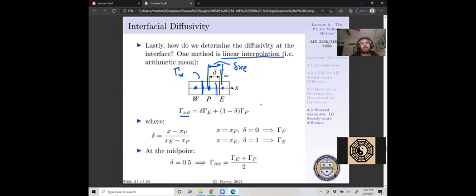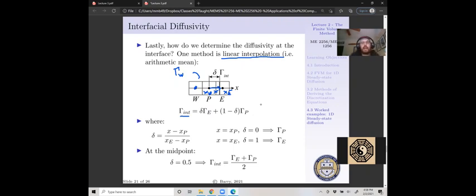So we could just arithmetically average these. And right now I made that interface just a little bit funny, just so we could see how this looks. Now, delta is just going to be our location, x, where this interface exists between our two control volumes. So delta is x minus xp over xe minus xp.